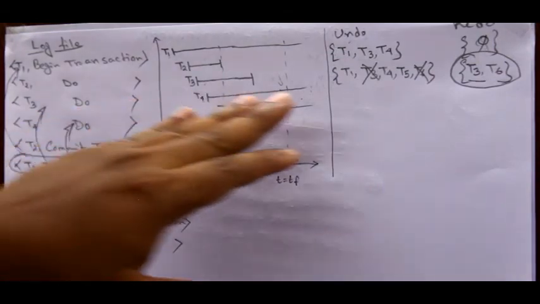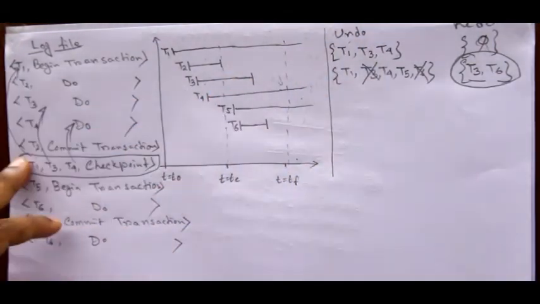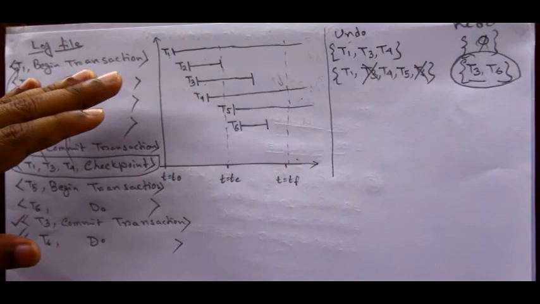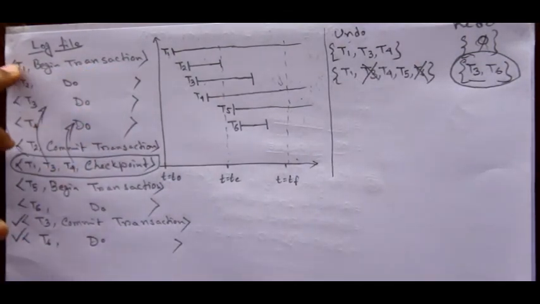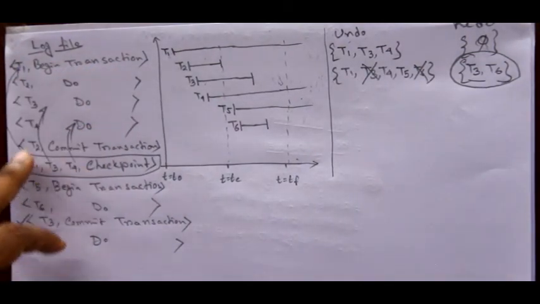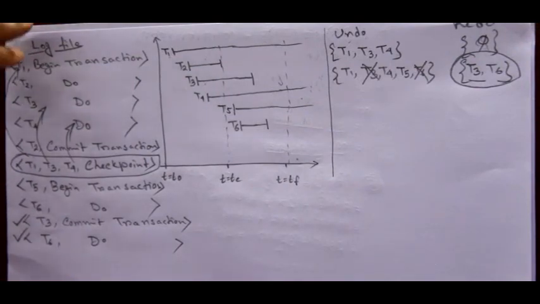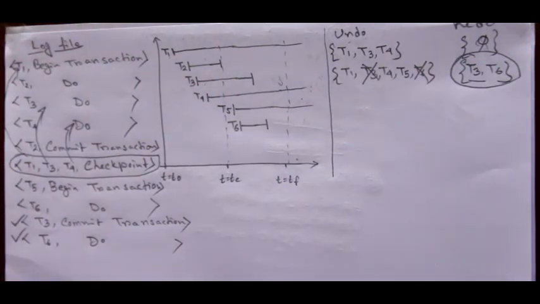So now from the undo set, after system restore, T1, T4 and T5 roll back to their beginning stage. So now they can start their transactions again. Like this mechanism you can restore your system failure.